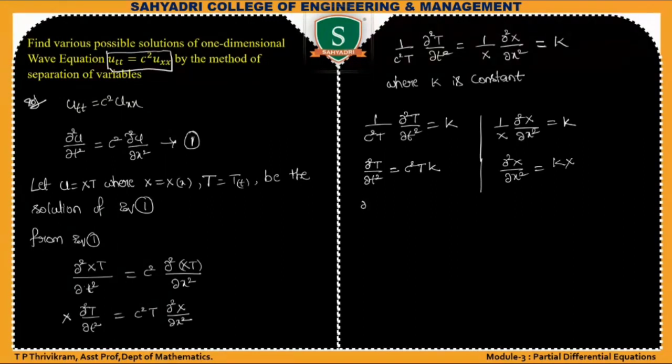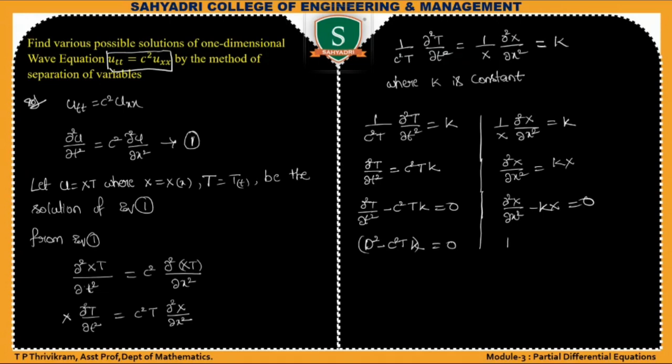Del square T by del t square minus c square Tk is equal to 0. Similarly, del square X by del x square minus kX is equal to 0. Now I'll write it in operator notation. That means D square minus c square k into T is equal to 0.